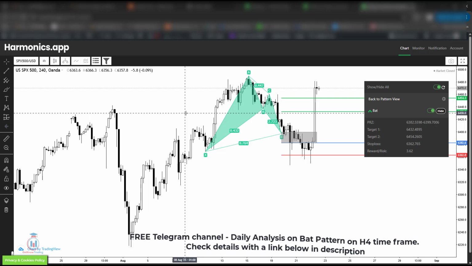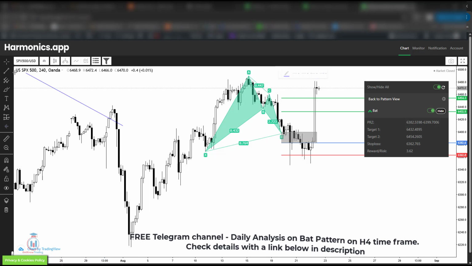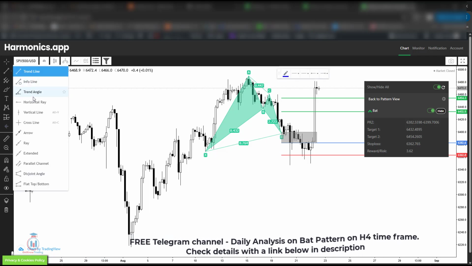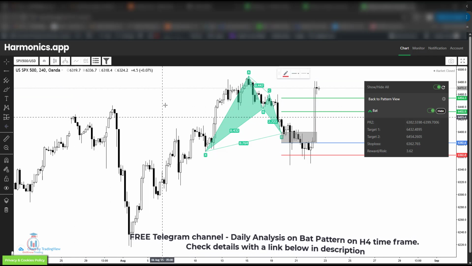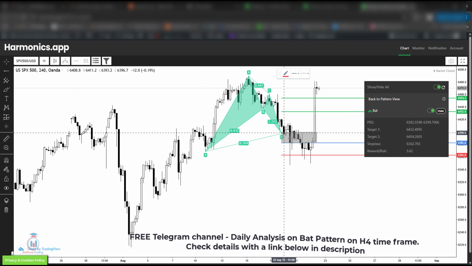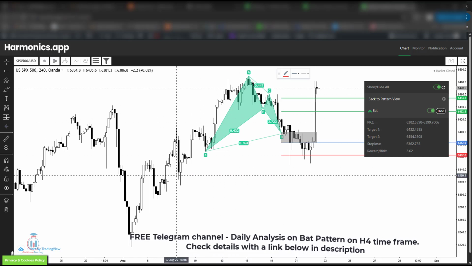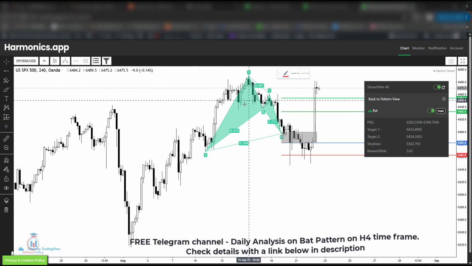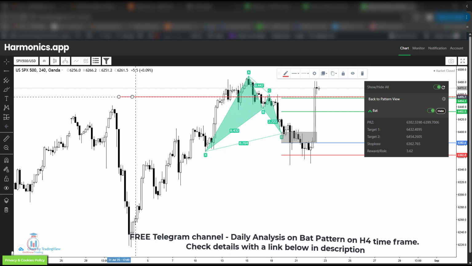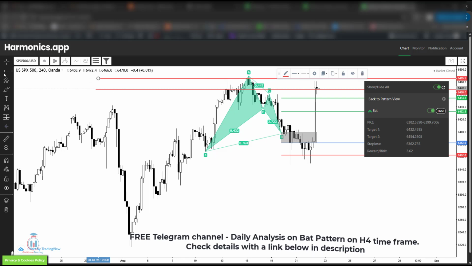I would like to make the analysis just to show you what could happen if you make the analysis when you get information from the scanner. And that means the first criteria is okay. We have a bullish bad pattern suggesting further rise in value, which is in line with this bullish trend. Then I'm making technical analysis, which means I'm putting support and resistance levels here.